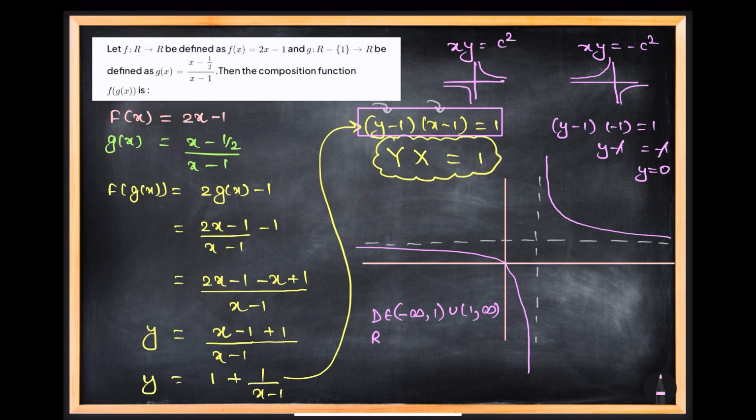If they talk about the range, again you can say minus infinity to 1, not including 1, union 1 to infinity, because you will have a hole over there. So we got our domain and range. And also you can comment on one-one or many-one function: the given function is one-one because it will pass the horizontal line test. I hope you got the idea, and I wish you guys can handle similar situations.